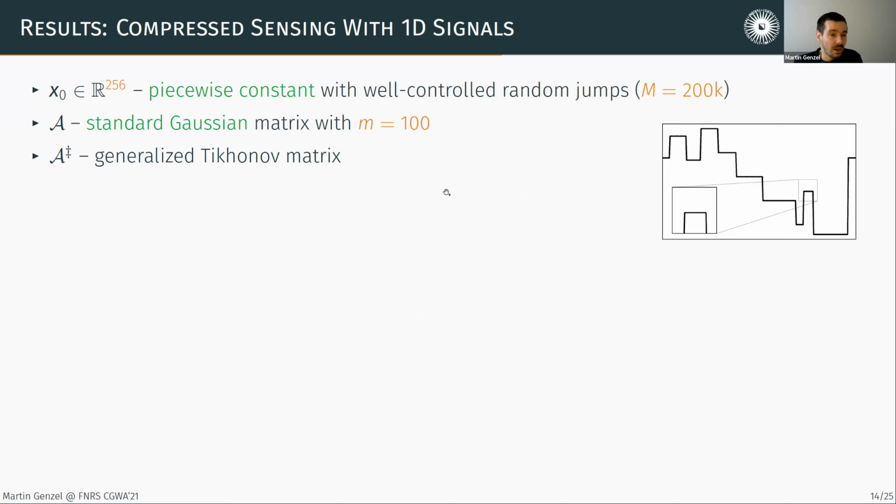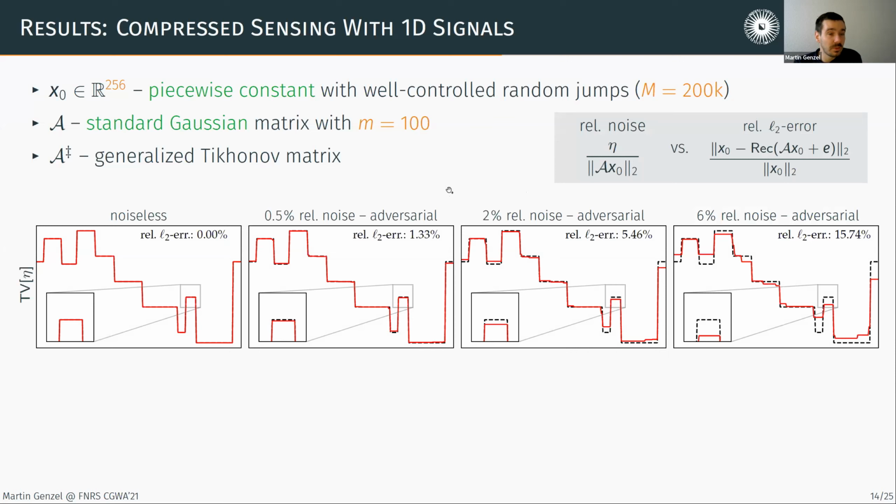Let's see what would happen to TV minimization. If you don't have any noise, you will actually get zero error, because TV is a perfect match for such gradient sparse signals. That's really backed up by theory. And then you could increase the noise. We measure this as a relative error to make the results comparable. As you increase the noise, of course also the error will increase, and you will also see some visual perturbations, some errors in the reconstruction.